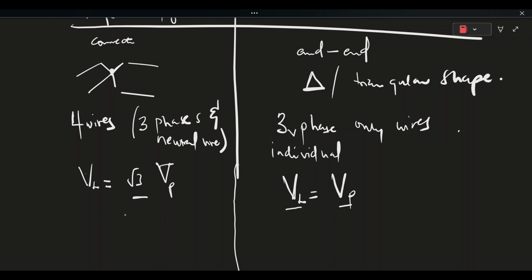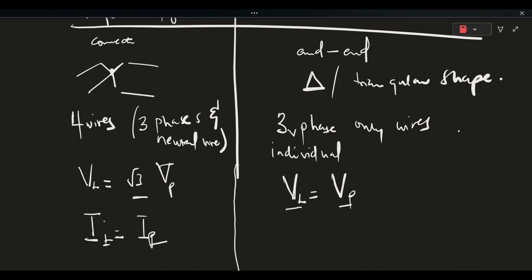Then, in terms of current, IL, which is our line current, is equal to our phase current. Because from the connection, you could see that it was just a single wire in the Y configuration connecting the source to the load. So that single wire is the line wire and at the same time the phase wire.